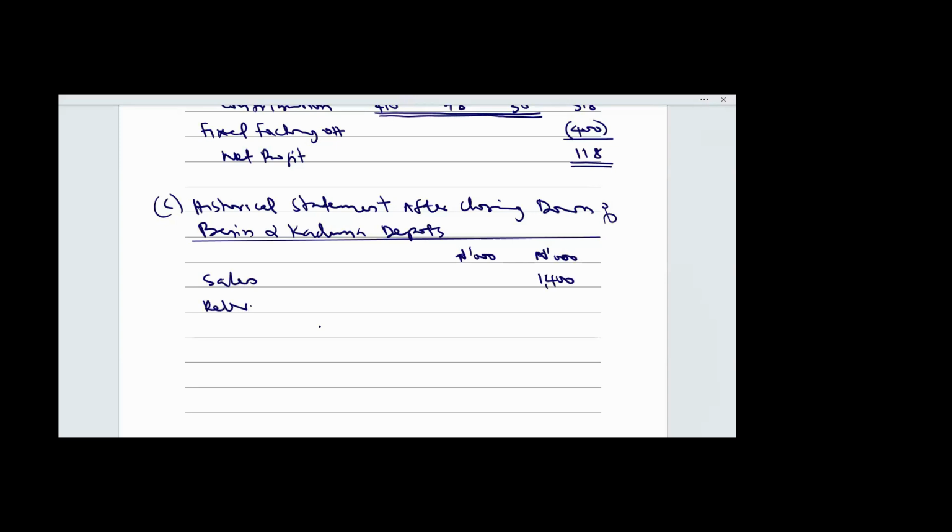Relevant cost for Lagos. Direct material for Lagos is 336.